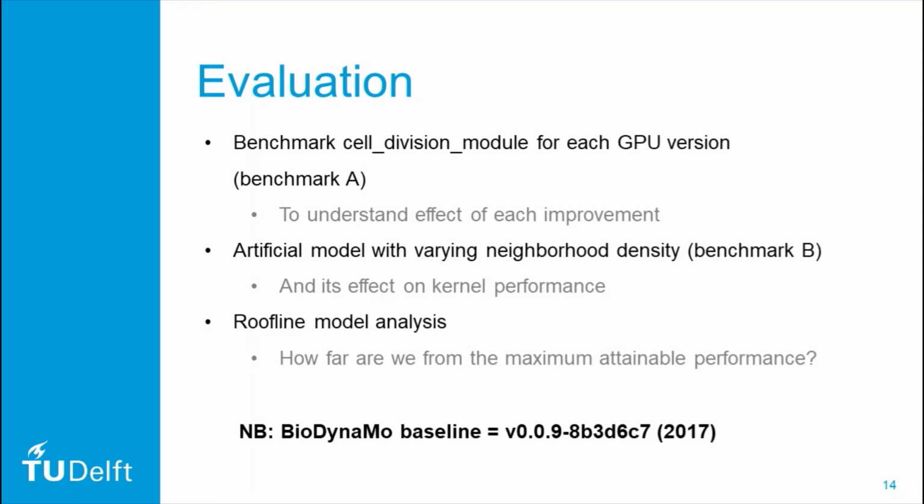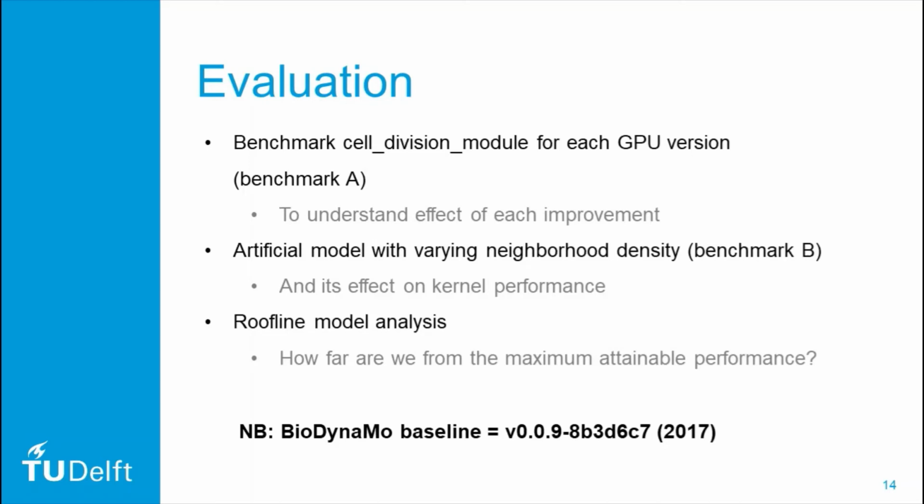The point of doing this is that not all agent-based models might be as densely populated as this cell division demo, or maybe even denser. By being able to vary the density artificially, we get a better grasp of the different types of use cases and how the GPU implementation affects each type.